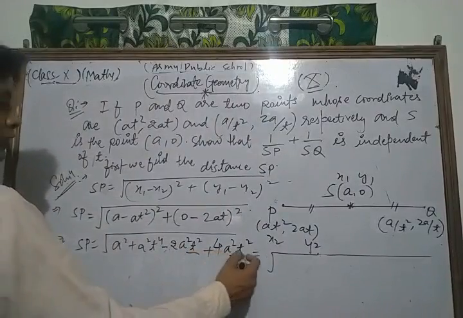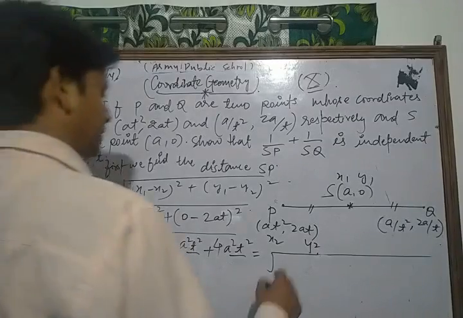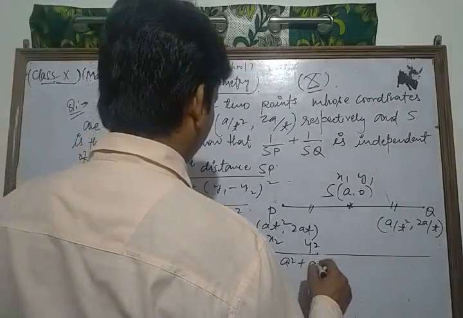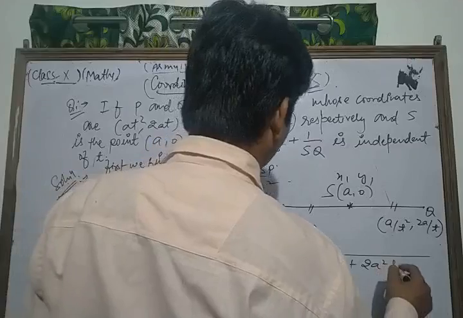Both are like terms, so we combine them. We get a square plus a square t power 4 plus 2a square t square.